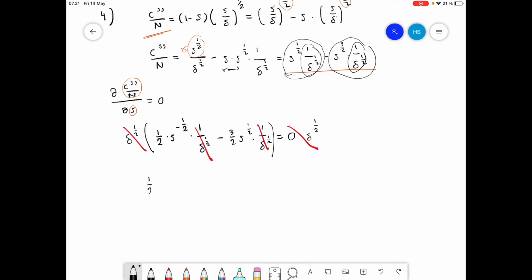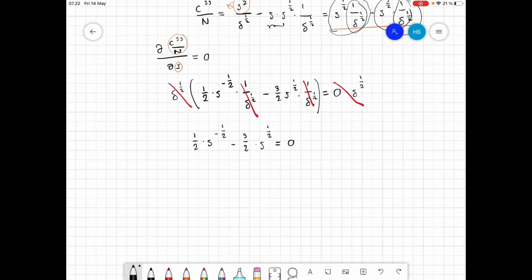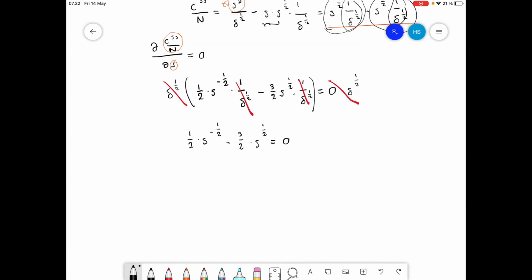So what we're left with is 1/2 times the savings rate to the power of minus 1/2 minus 1.5 times s to the power of 1/2, and everything should be equal to 0. So what can we do now?